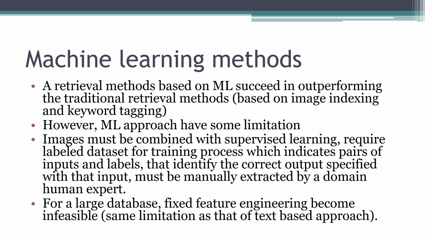These labeled data, which are pairs of inputs and labels identifying the correct output for each input, must be manually extracted by a human domain expert. For a large database containing millions of images, doing fixed feature engineering becomes infeasible, and consequently the same limitation of the text-based approaches reappears.